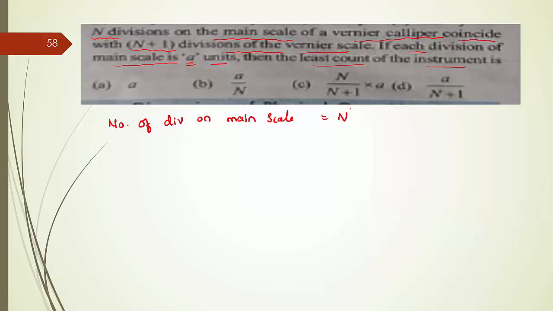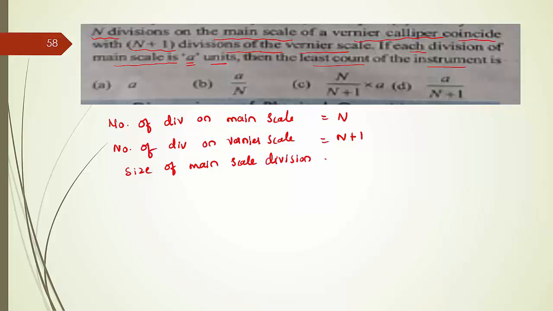It is given N. Similarly, number of divisions on vernier scale. How many divisions are there on vernier scale? It is given N plus 1. Then each division of main scale is how much? A. So size of main scale division is equal to, it is given A units.